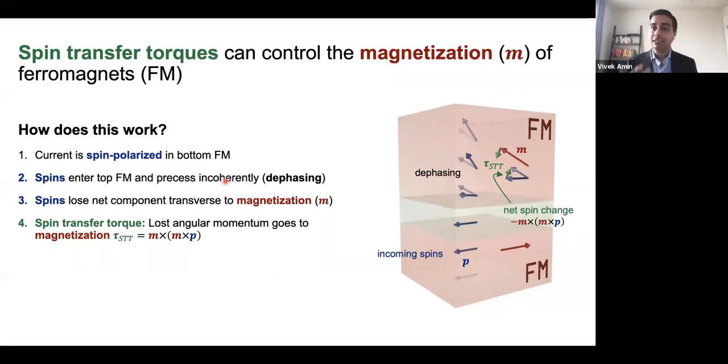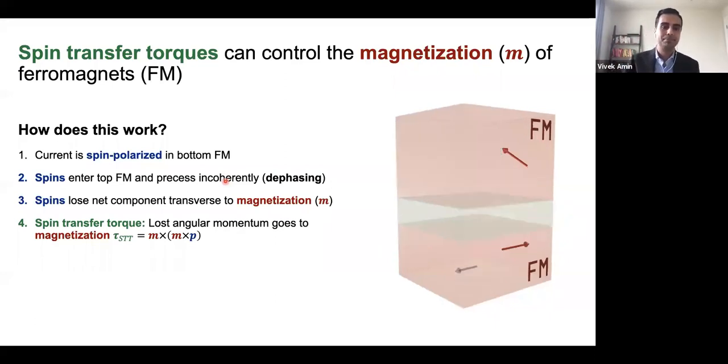So that's the transverse component that's lost from these incoming spins. And that's what's known as a spin transfer torque, because this angular momentum has to go somewhere, so it ends up going to the magnetization. And so now if we run enough current through this device, we can transfer angular momentum to the magnetization and slowly damp the magnetization towards the direction of the incoming spins.